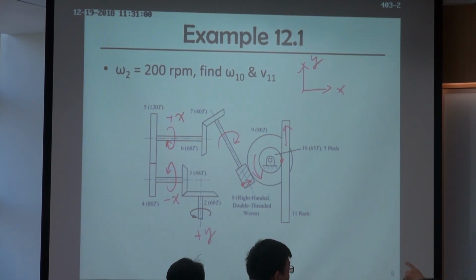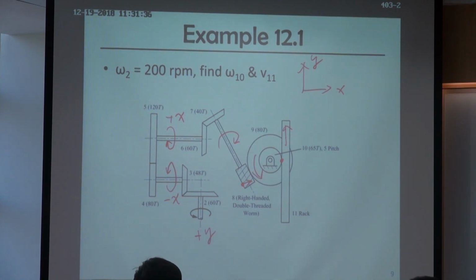Yes? How do I know whether link 2 is this way or that way? Is it going around behind, or from the positive or negative side? Right, I assume it's this direction. Because the line here is a solid line, this should be negative y.